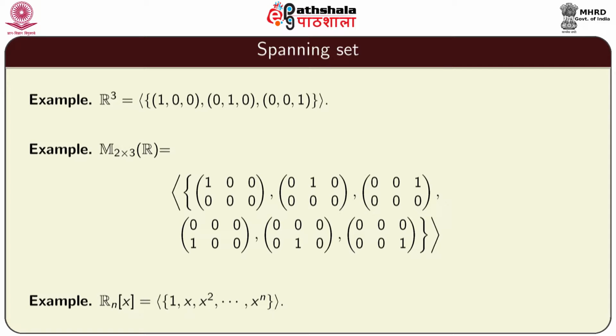Well, it is easy to see because a typical element in R3 would look like (A, B, C), a 3-tuple, and that can be written as A times (1,0,0) plus B times (0,1,0) plus C times (0,0,1). Therefore, it is indeed so that these three special vectors span the whole vector space R3.